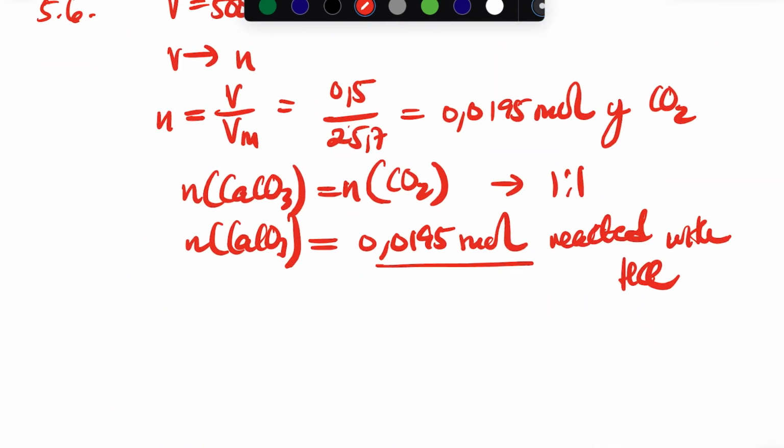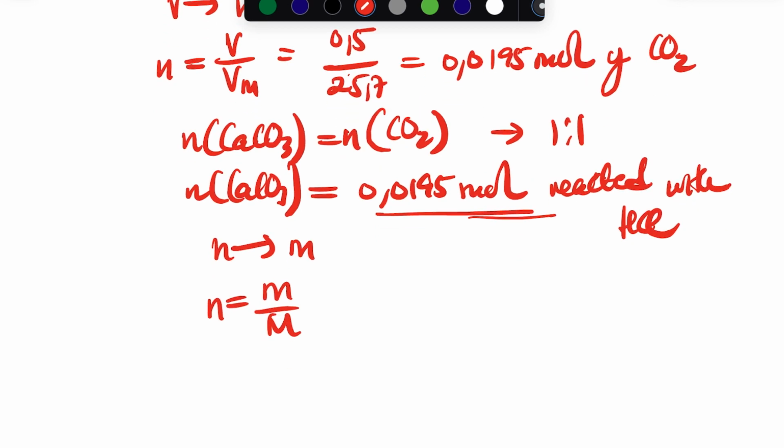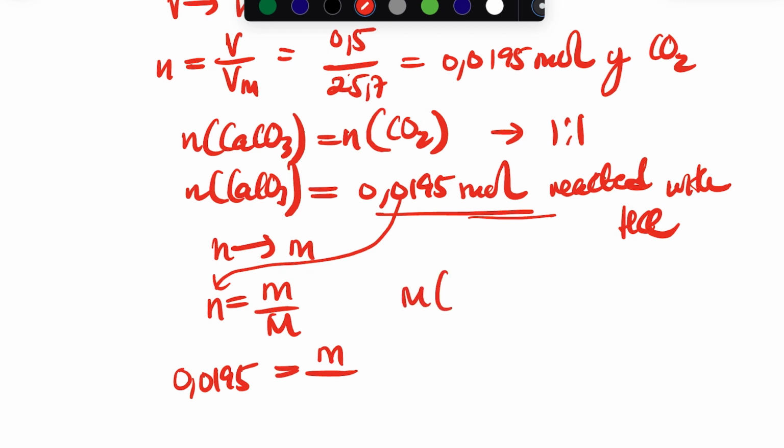Then, having this number of moles, we can convert into mass. So we say number of moles equals mass over molar mass. The number of moles, 0.0195, we substitute there. Mass is the one that we want. And the molar mass of calcium carbonate, all the time, guys, doesn't change.